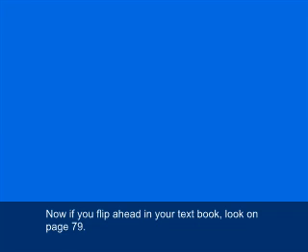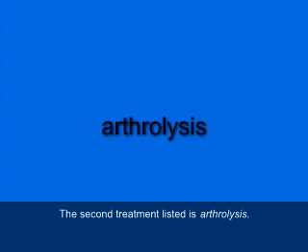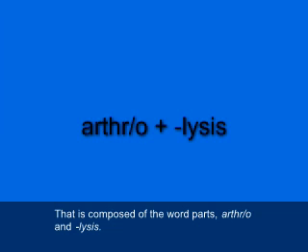Now, if you flip ahead in your textbook, look on page 79. The text introduces treatments related to joints. The second treatment listed is arthrolysis. That's composed of the word parts arthr/o and lysis.